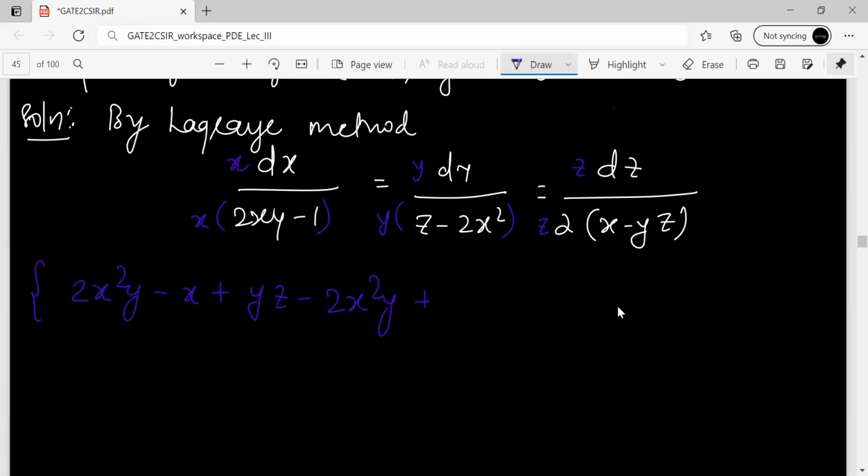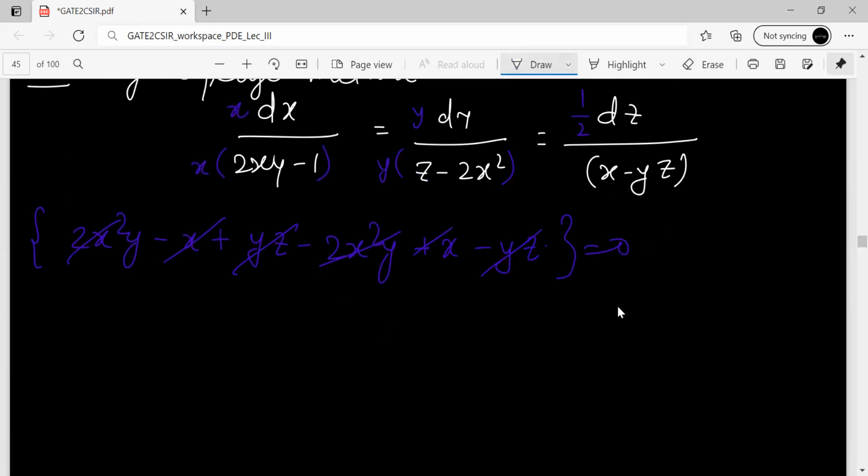No, zx. Okay, in fact, I don't need this, and I don't need this 2 even. Okay, I'll shift this half in the numerator, and see, I'll be getting x minus yz. And see how lucky I was. All of them got cancelled.